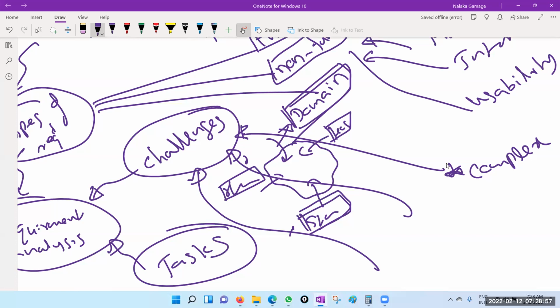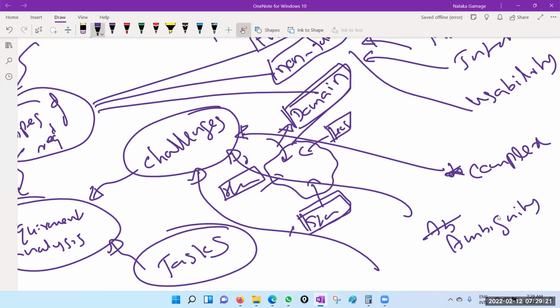Okay. So another challenge is when it comes to requirements, there can be ambiguities. Right. So the customers or your client explain it in ambiguous manner. So they are not very specific. It's going here and there.